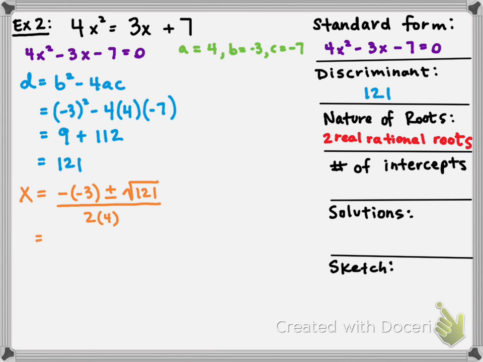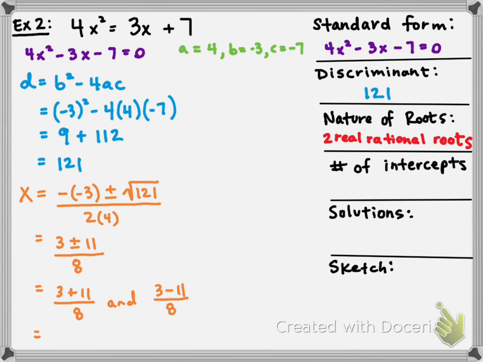When I simplify that, I should get something like 3 plus or minus 11, all divided by 8. Now, this plus or minus in that numerator really means that I could write this as 3 plus 11 divided by 8, and 3 minus 11 divided by 8. So simplify each fraction appropriately.